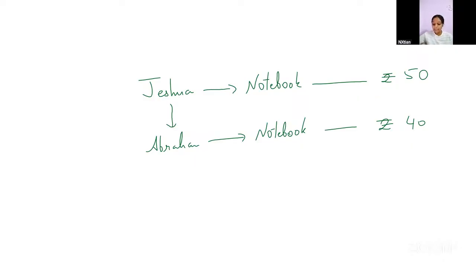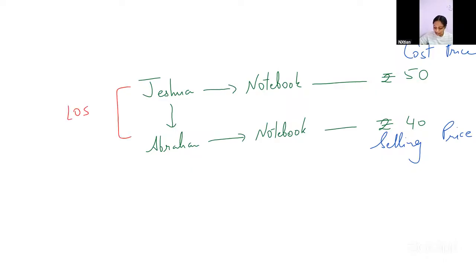Now, this is Joshua's cost price, and this is Joshua's selling price. He has made a loss. When your cost price is bigger than your selling price, what happens? Loss happens. Loss happens when your cost price is greater than your selling price.